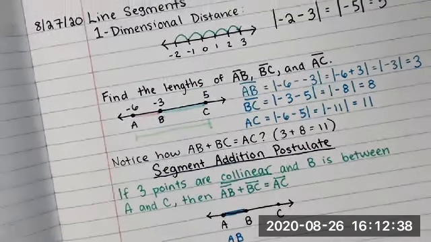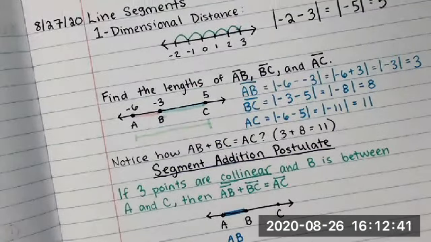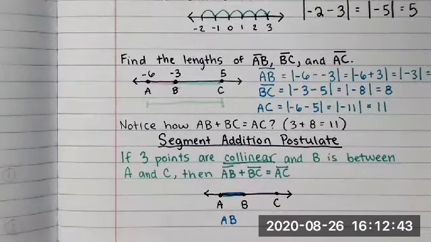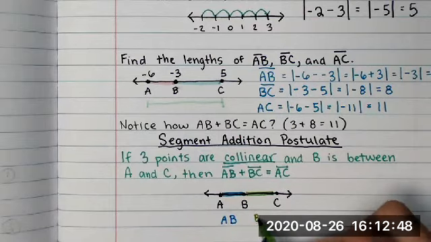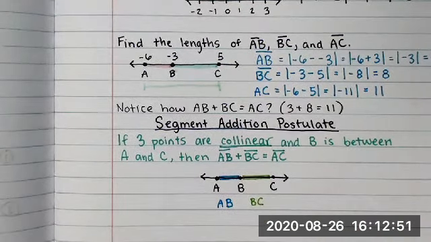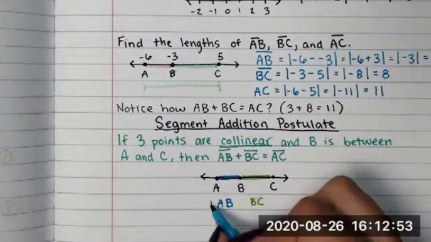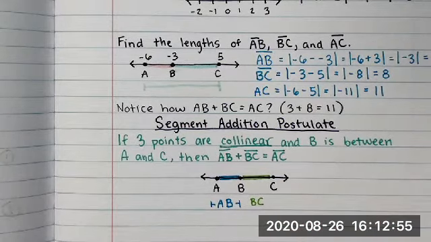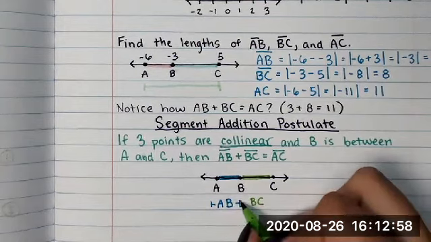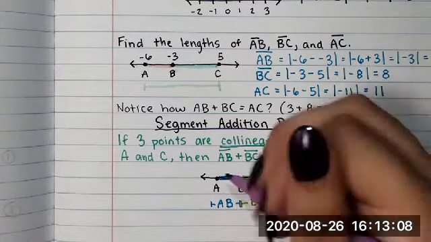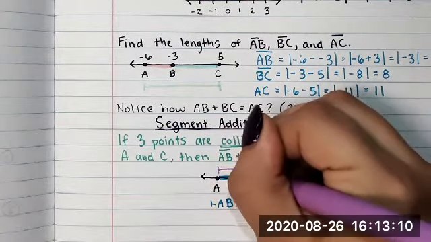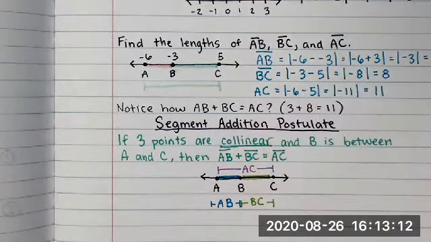And then let me get a color for B to C. If I take AB and BC and I line them up and I put those measures together, we end up with AC.